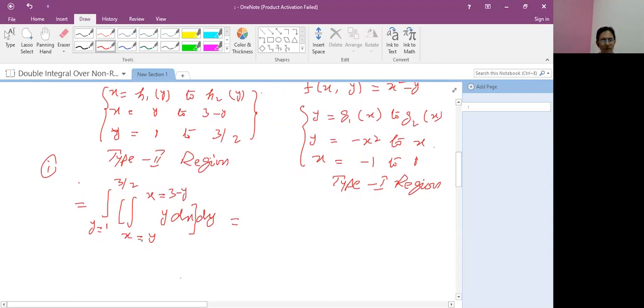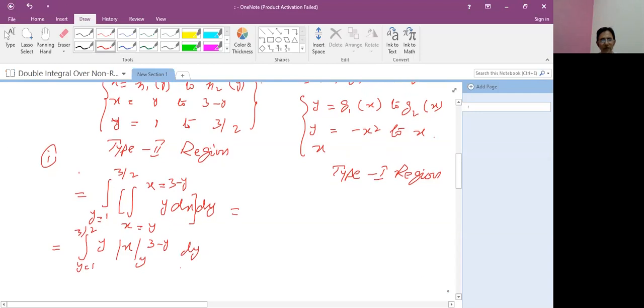With respect to x, it is y times x, the limit from y to 3 minus y, into dy. The limit of y is 1 to 3 by 2.